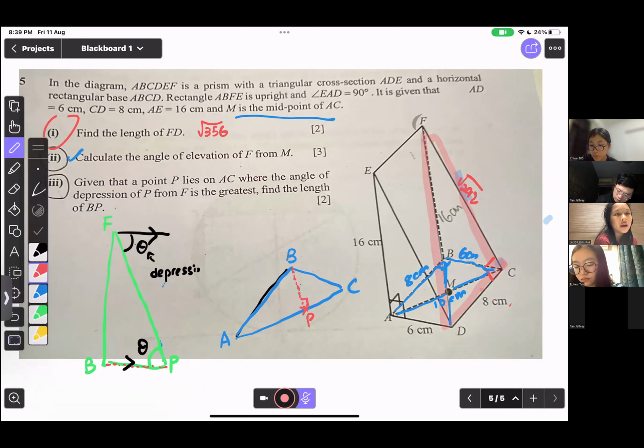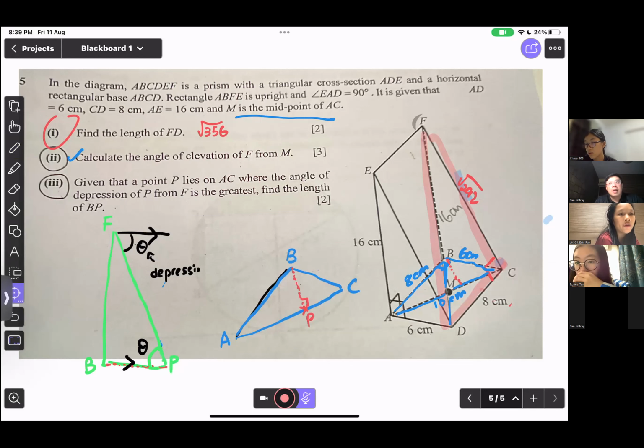The angle of depression closest to F is the angle of depression from F to P, the same as the angle of elevation of P to F. So you will need this BP to be as short as possible. Is that okay?